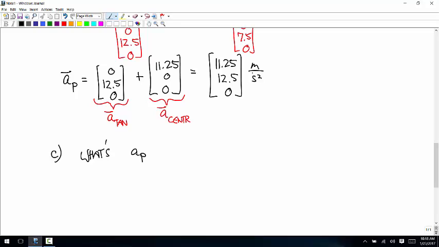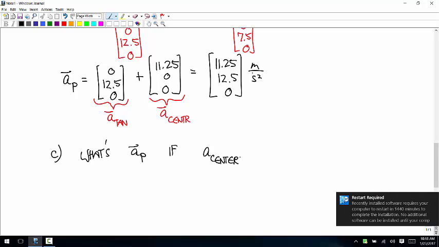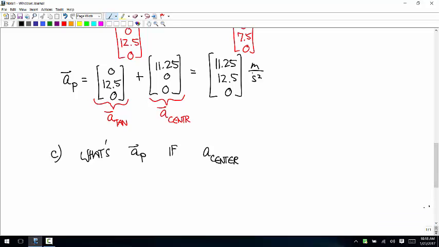So what's the acceleration of P if the center has a translational acceleration of 5, -3 meters per second squared?